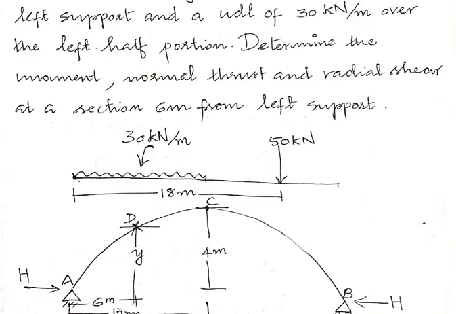And we also know that tan theta is the slope at this point D. So tan theta is the slope of the tangent, and slope is equal to dy by dx.